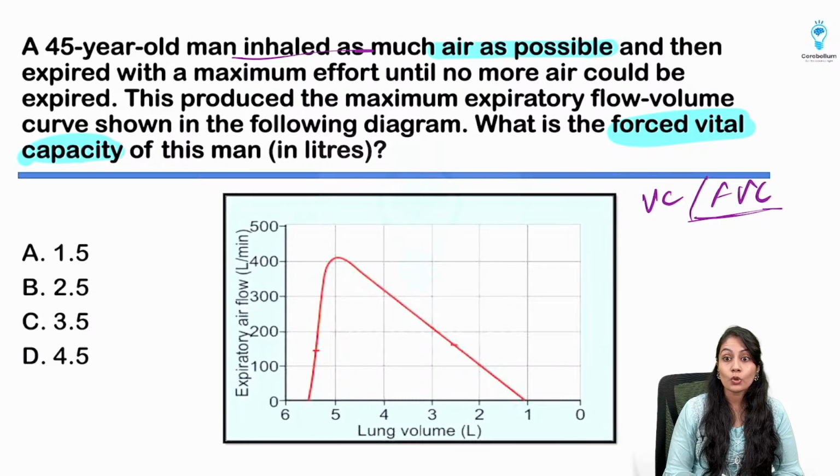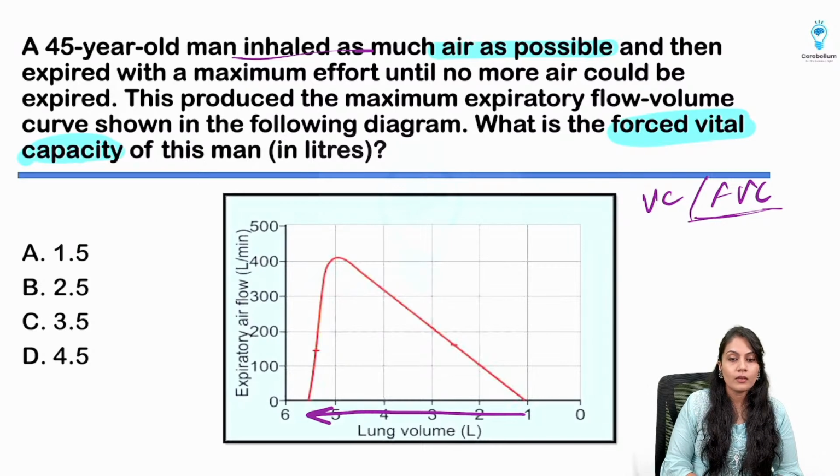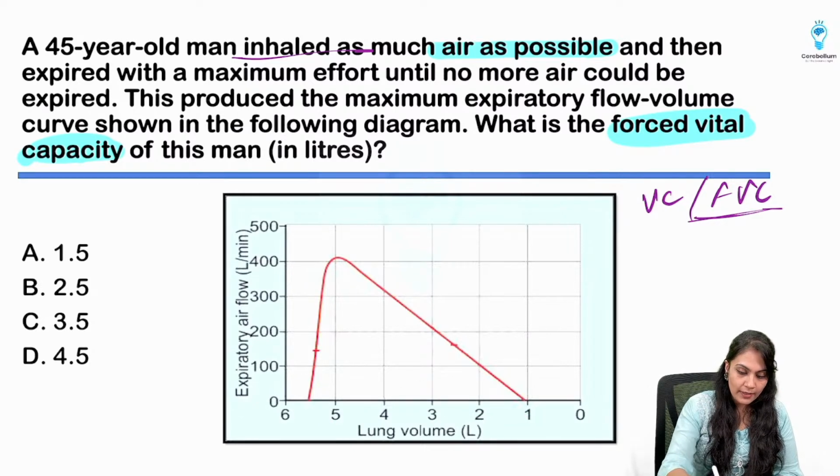The total lung volume is given. Now understand that you can see the person's volume is increasing in this order. As he started to expire, this much amount of air has come out during the expiration. He started to expire at this point and stopped over here. Whatever amount of air remains over here is going to be the RV.